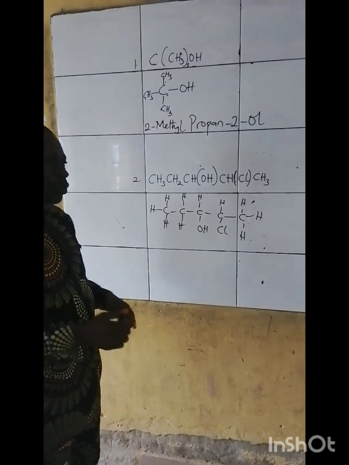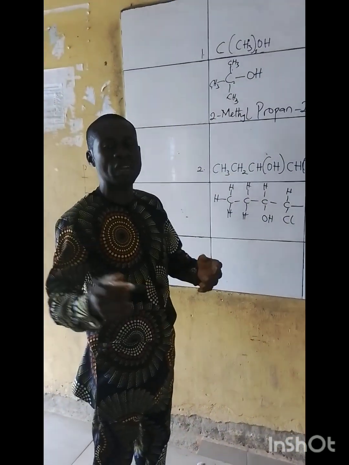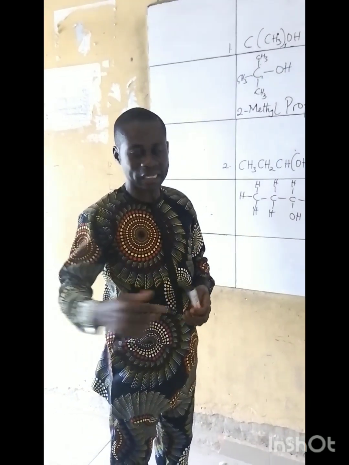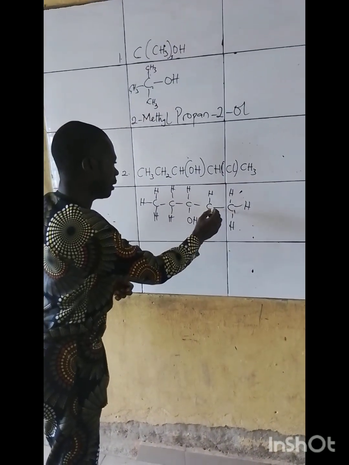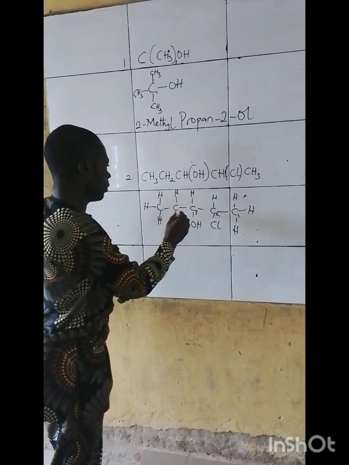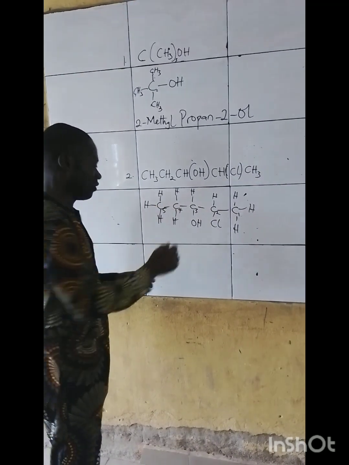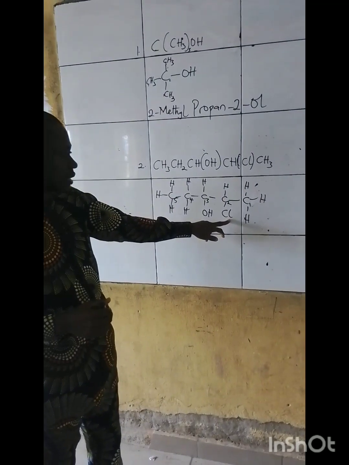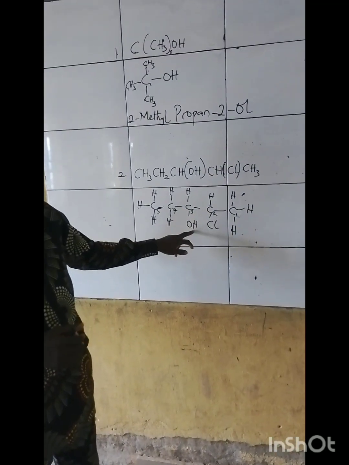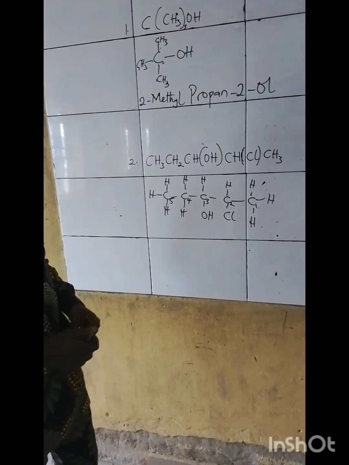On this note now, one of the rules in naming says you should start from the shortest side to any attachment. And the shortest is from this side. So this will be my carbon 1, this will be my carbon 2, carbon 3, carbon 4, and carbon 5. So you notice that on carbon 2, there's a chlorine attached. On carbon 3, there's a hydroxy group attached. So how do I name this now?